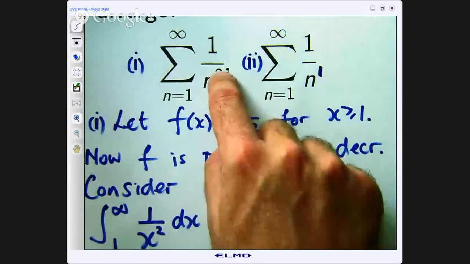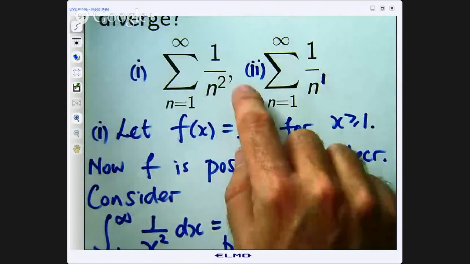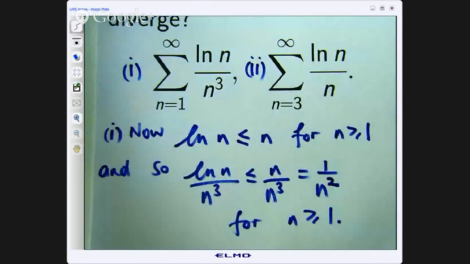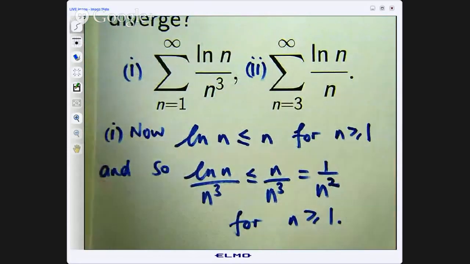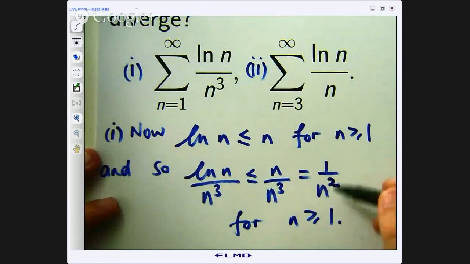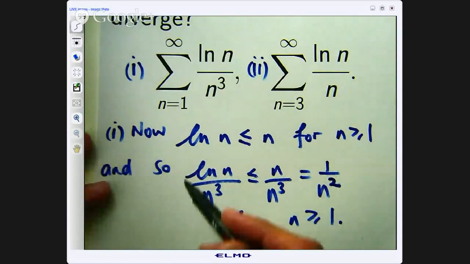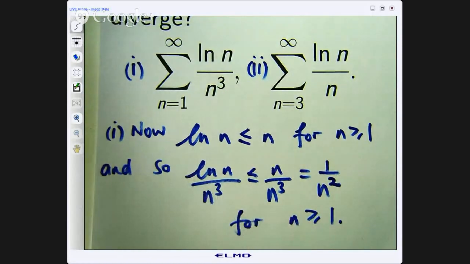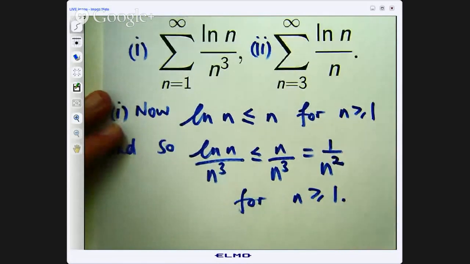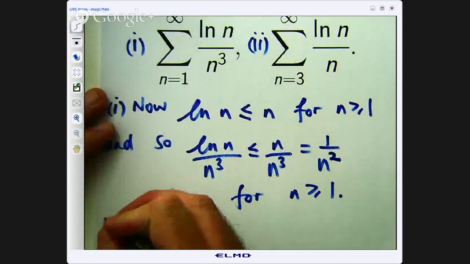This is a convergent P series with P equal to 2, okay? So we have something that's familiar there. We know this bigger series converges, and the conclusion of this comparison test is that the smaller series must also converge. Okay, so let's just write down a couple of things here.